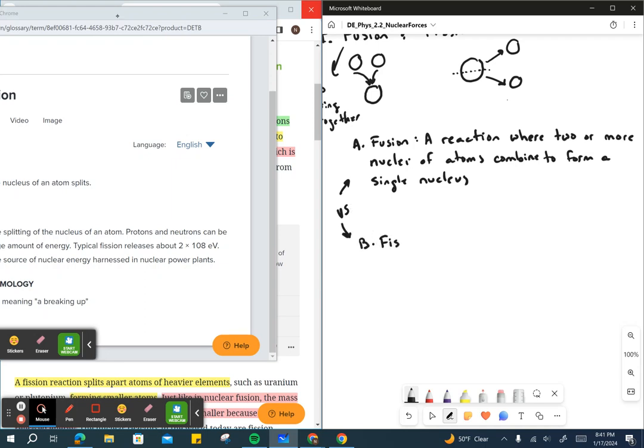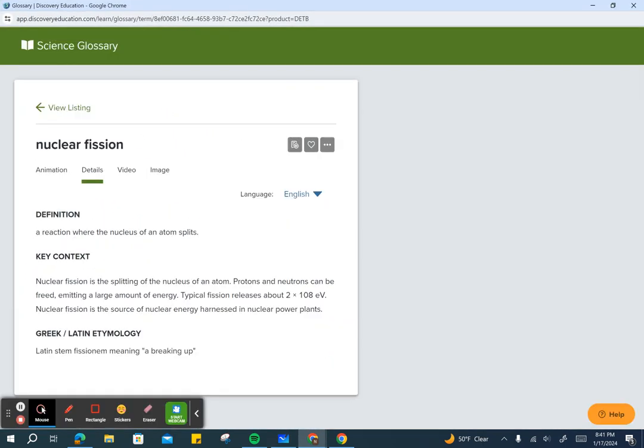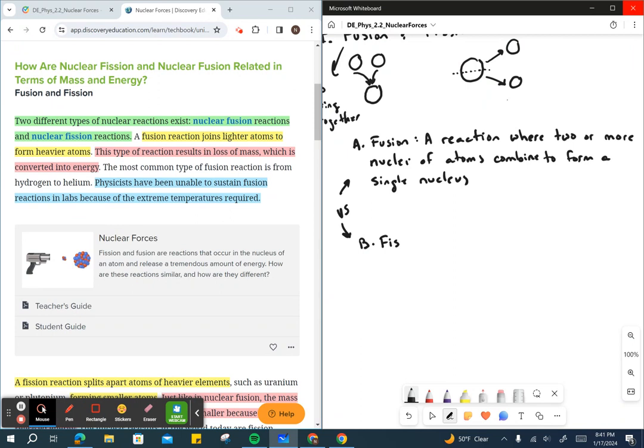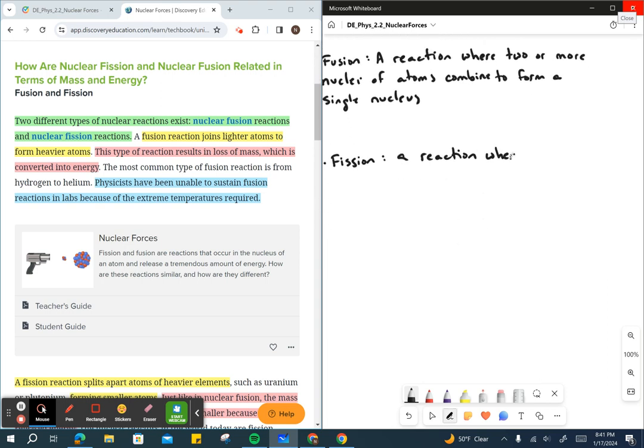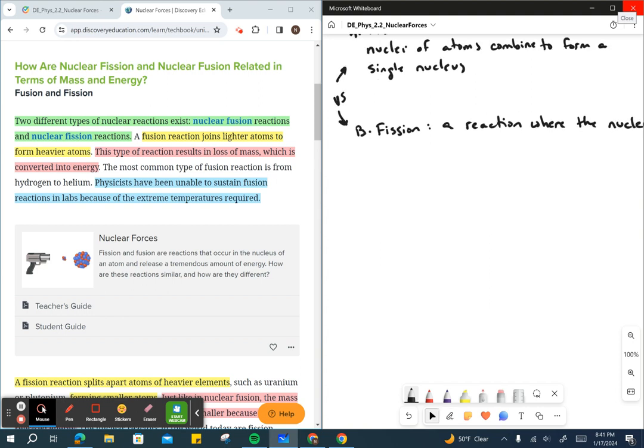Fission is with two S's. Fission is a reaction where the nucleus of an atom splits. Okay, all right.